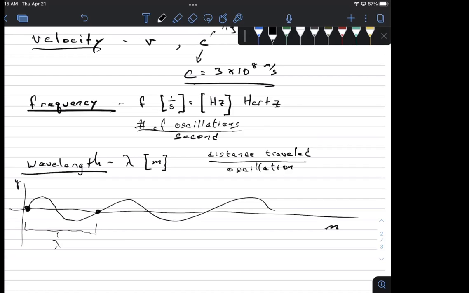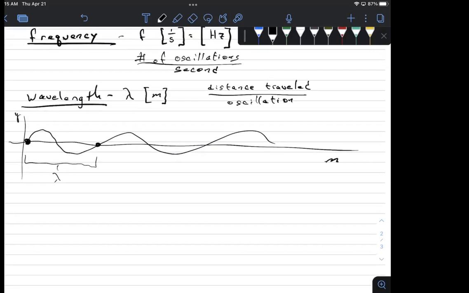So velocity and frequency kind of combine together to give you a wavelength in some way. The wavelength depends on either how fast is a wave moving or how fast does a wave oscillate. So all three of these characteristics are related very strongly by a single equation. And that equation, the big equation, is the velocity of the wave is equal to the frequency times the wavelength.